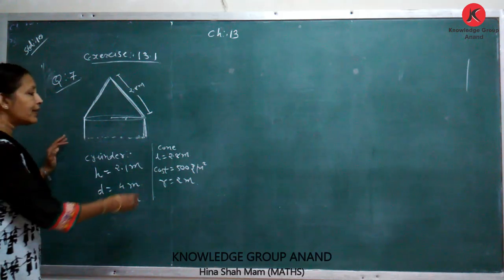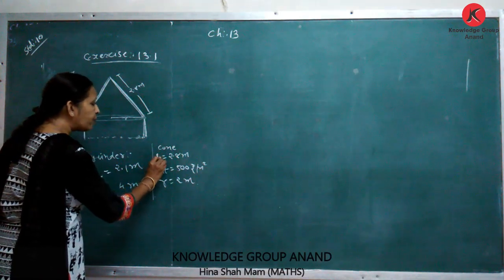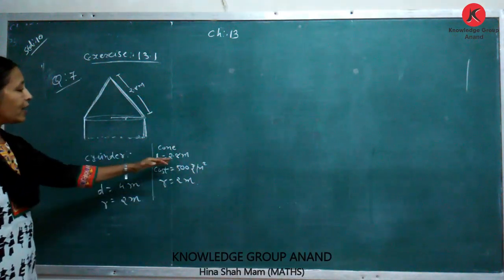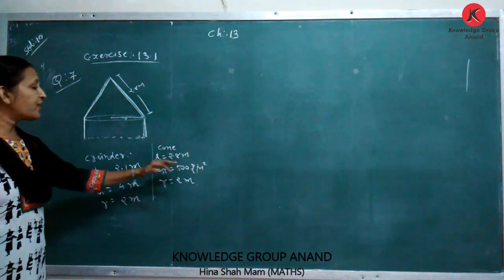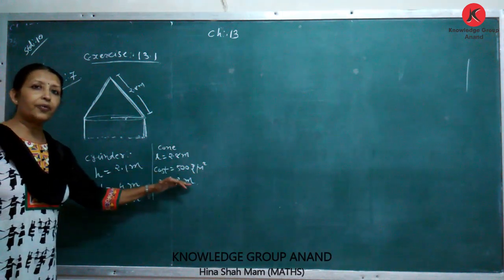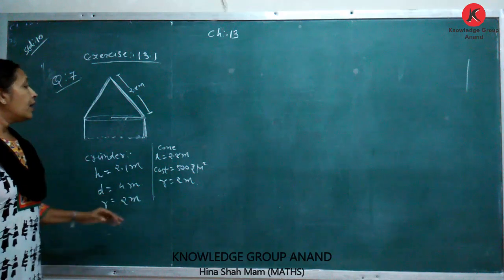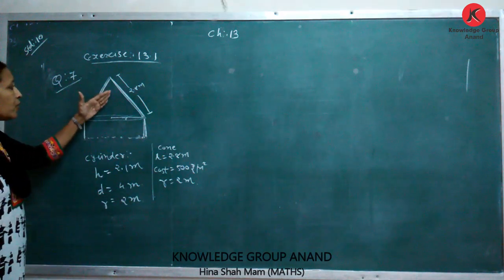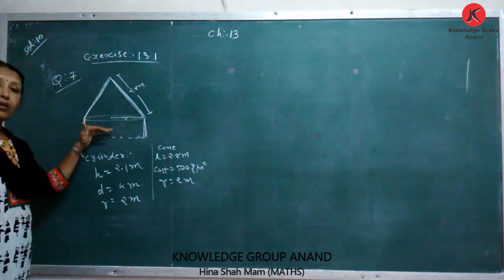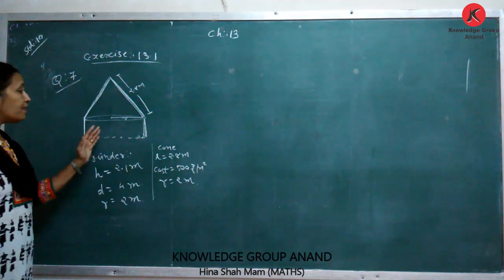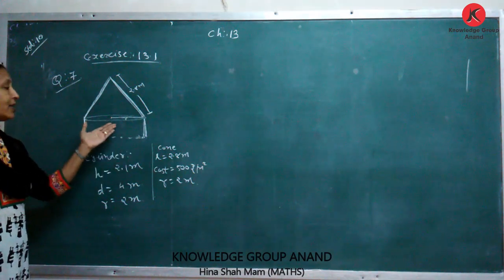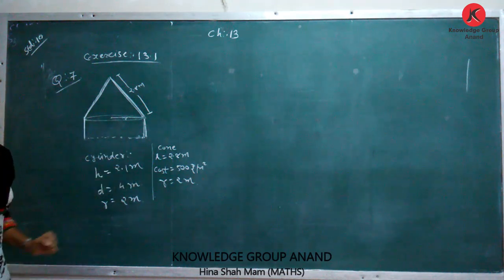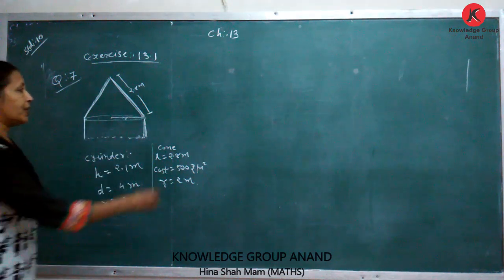And the slant height of the cone is equal to 2.8 meter. Cost of canvas is equal to 500 rupees per meter square. The radius of the cone and cylinder are equal because the base radius of the cone is equal to the radius of the cylinder. Therefore, r is equal to 2 meter.